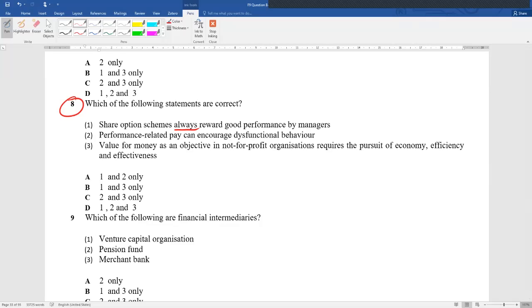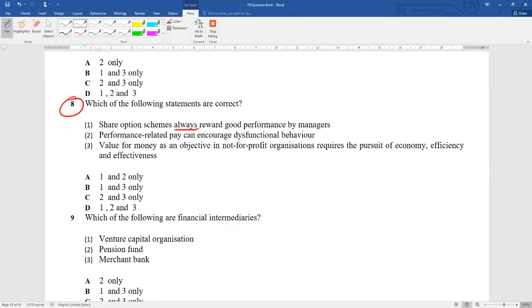For example, if you pay the managers a bonus based on the profit, what can they do? They may be involved in creative accounting. They want to be paid some bonuses, however they are yet to achieve the target. What can they do? They can be involved in creative accounting. Don't forget, they are the ones who are preparing the financial statements.